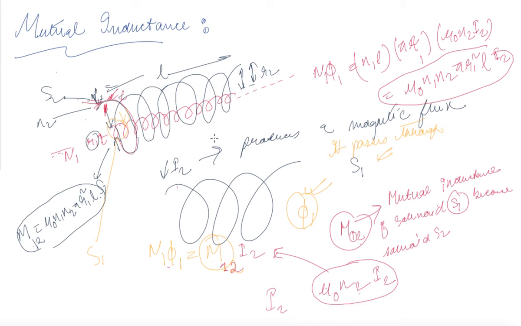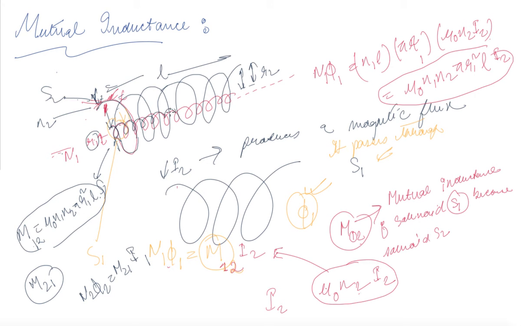Similarly, if you look at the mutual inductance because of the current I1, we will find that M of 2 because of 1 is given by N2 phi 2 equal to M21 into the current I1 that is flowing over here.